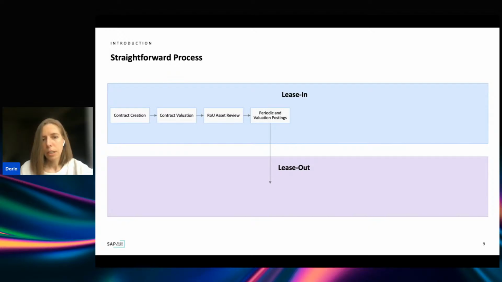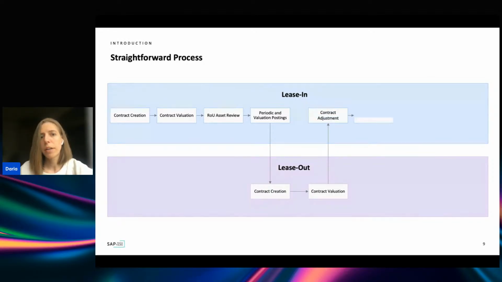Then, for the second period, we will switch to the creation of the lease out contract. We will create this contract and we will perform contract evaluation. And Leonid will highlight the main things that need to be considered, why you are doing this and how you are doing this. Then, as soon as contract evaluation is completed, we will jump back to the leasing contract and perform adjustments of such contract.